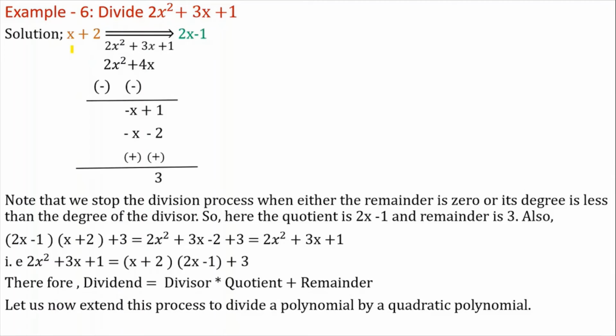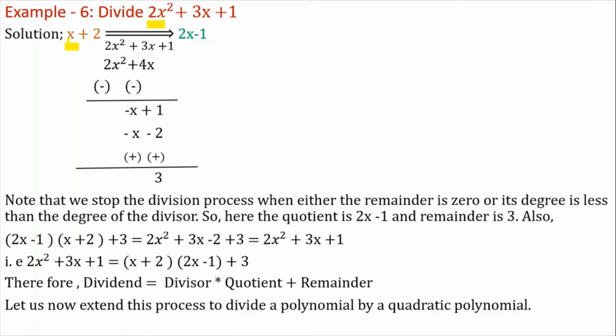First, we have to check the power of the divisor and the required power of the dividend. Here the power of the dividend is x squared and I have x, so to get 2x squared, I want to multiply with 2x.